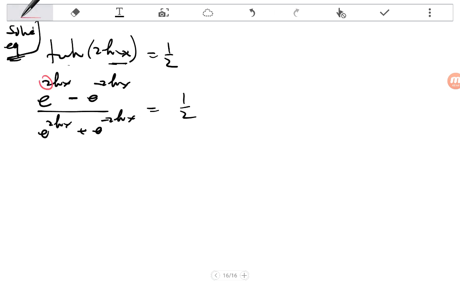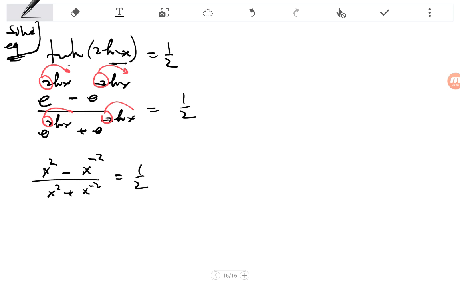Also I apply these like this, so it will be x squared minus x power negative 2 over x squared plus x power negative 2 equal to half. I need to solve for x.